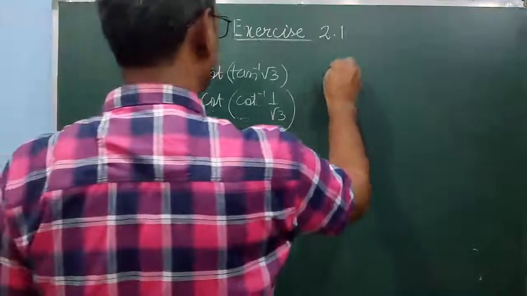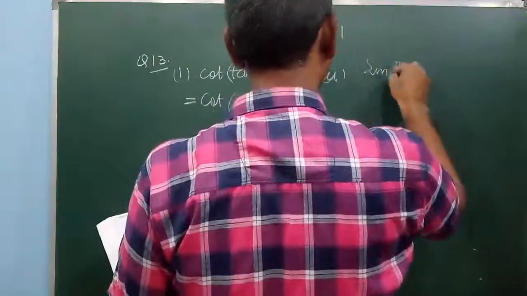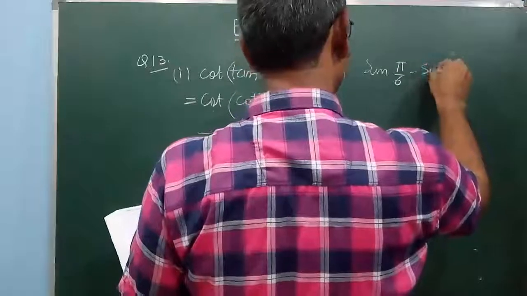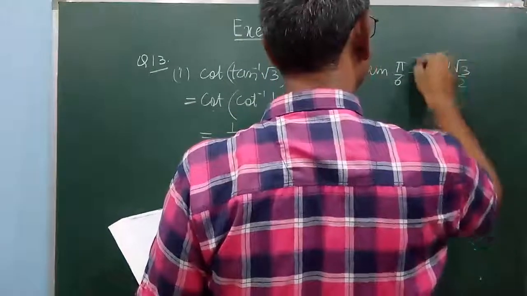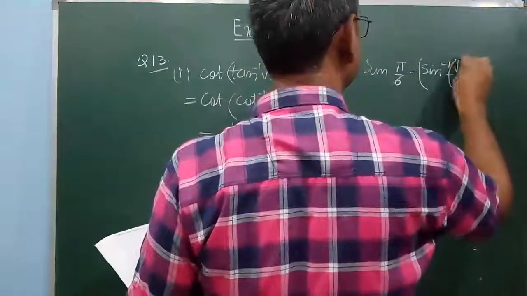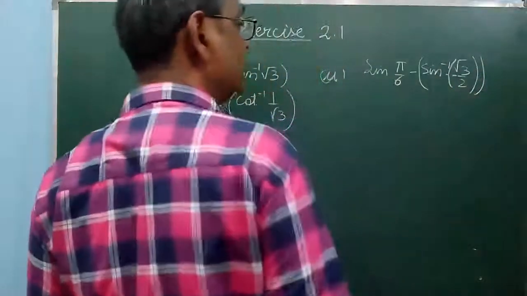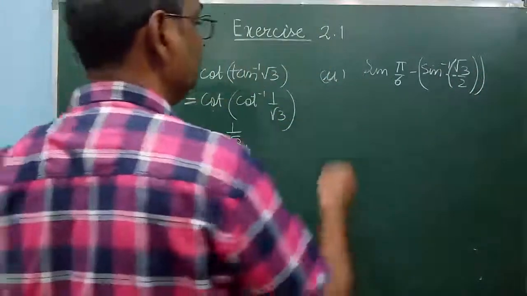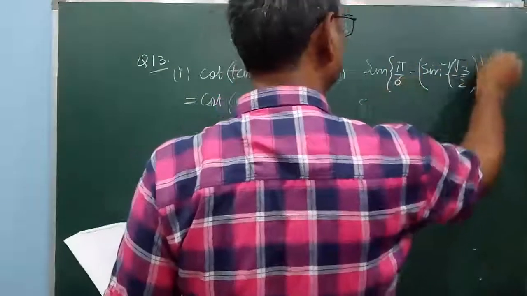Now the second one, sin pi by 6 minus sin inverse minus root 3 by 2. So here sin, and this is one angle.